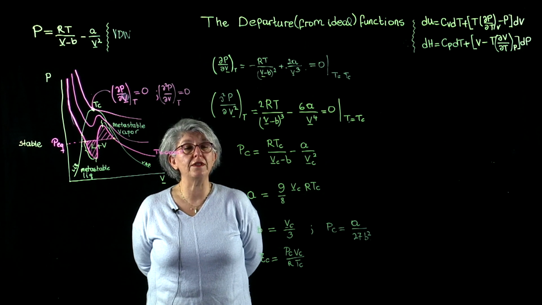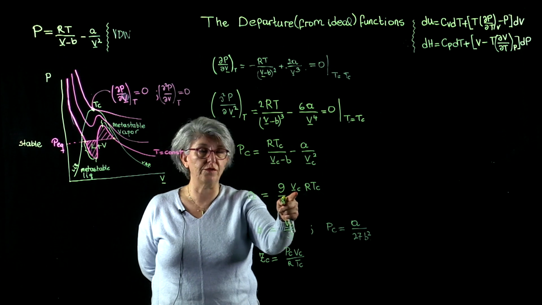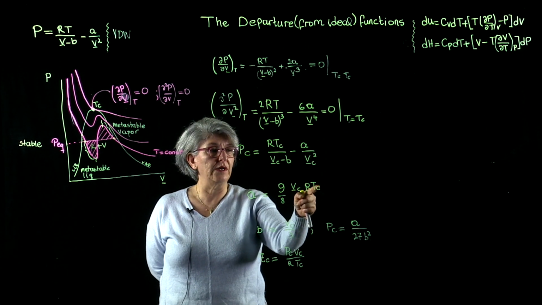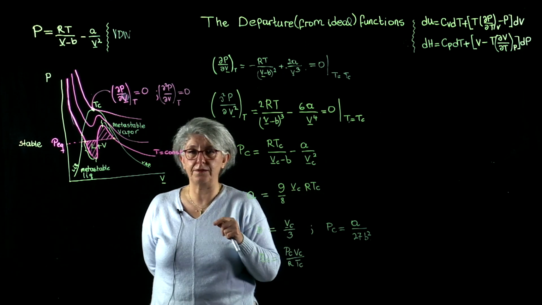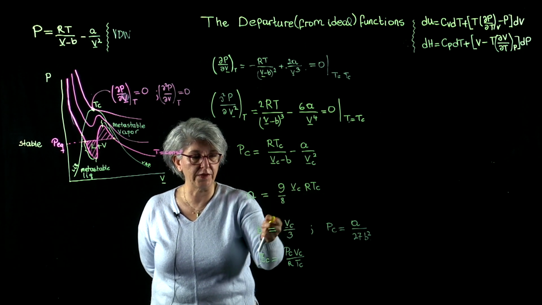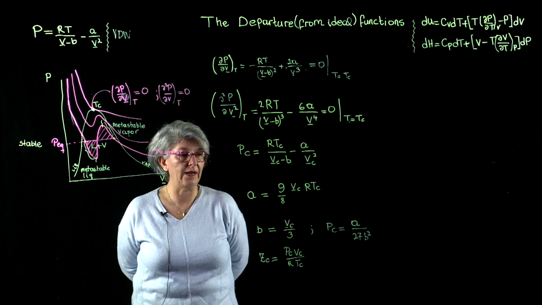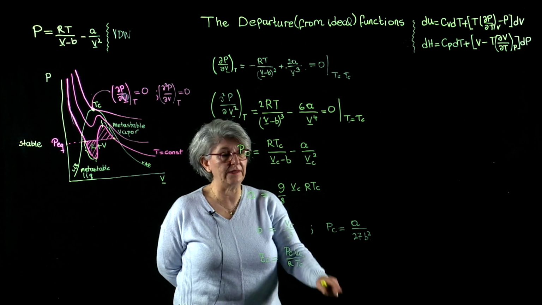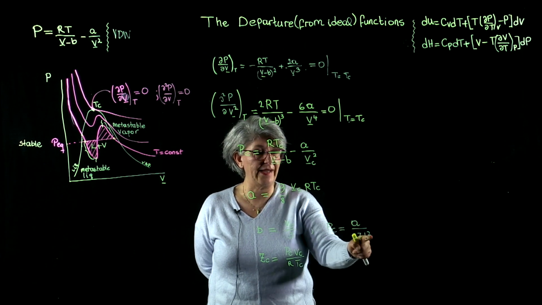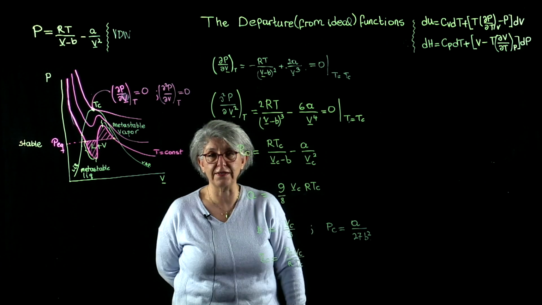Now when we use these equations to evaluate A and B, we have A as a function of the critical volume, critical temperature of the fluid, and the universal gas constant. This is 9 over 8, and B is the critical volume divided by 3. We also related the critical pressure to A and B, and now we have a new term called Z critical.